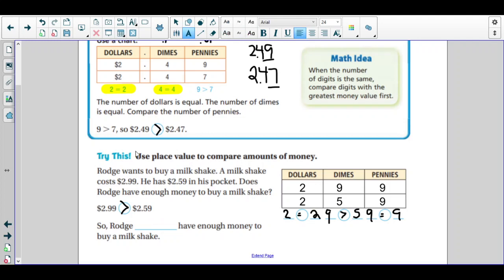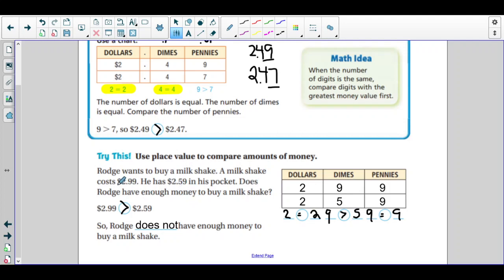Well, unfortunately for him, he does not have enough money. Okay? Because which value is larger? All right? The larger value, is it with the cost of the milkshake, or is it with what's in his pocket?